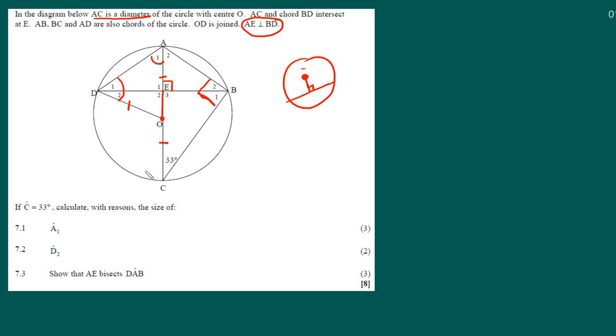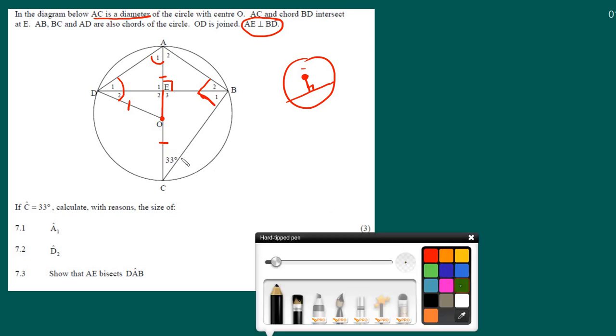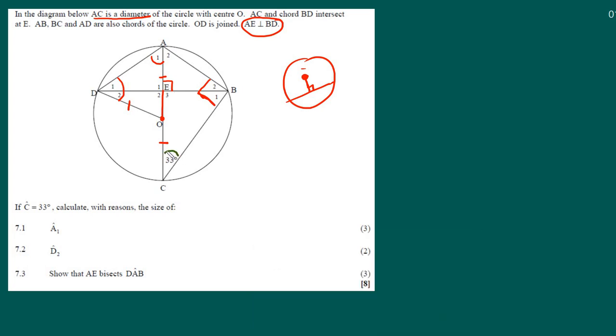Before getting carried away, they said C is 33 degrees, right? So C is here, it's 33 degrees. Then they say calculate with reasons the size of angle A1.